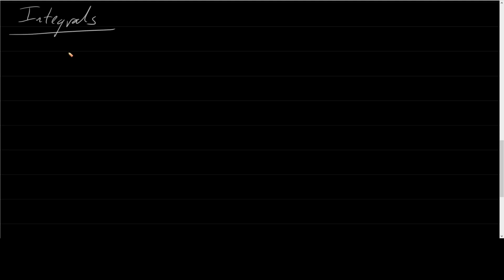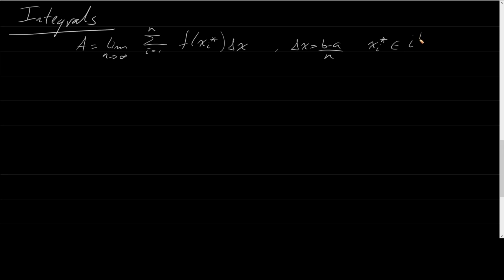If I have the integral, well, actually, first, the area under the curve is given by the limit as n goes to infinity of the summation from i equals 1 to n of f of x sub i star times delta x, where delta x is (b minus a) over n, and x sub i star is an element in the ith interval.